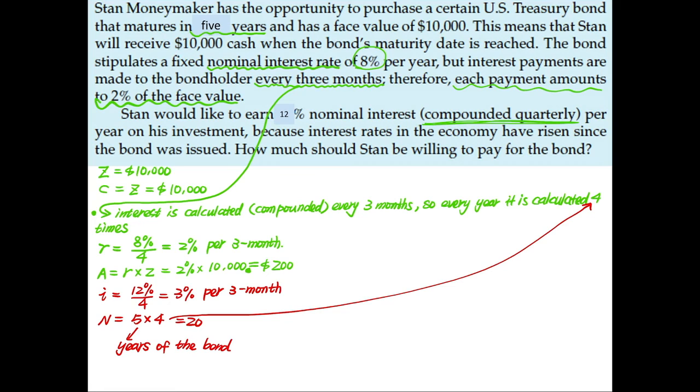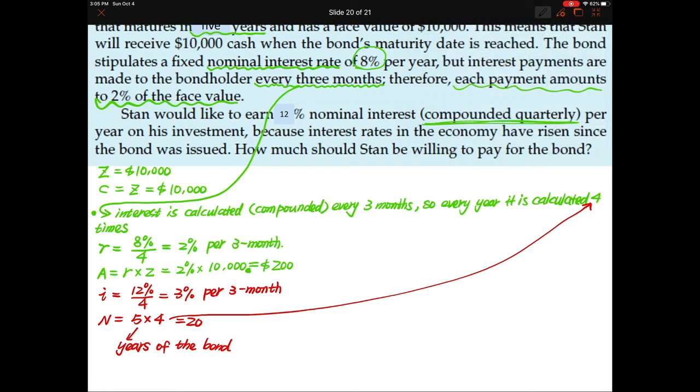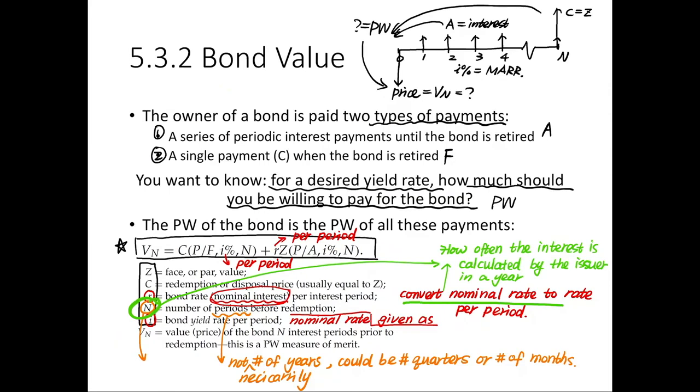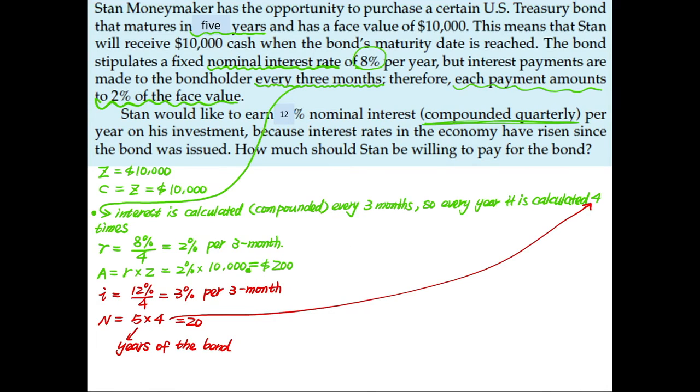So now let's use the equation. The equation is Vn is C times the factor P/F, I%, N, plus RZ times the factor P/A, I%, N. C is 10,000.